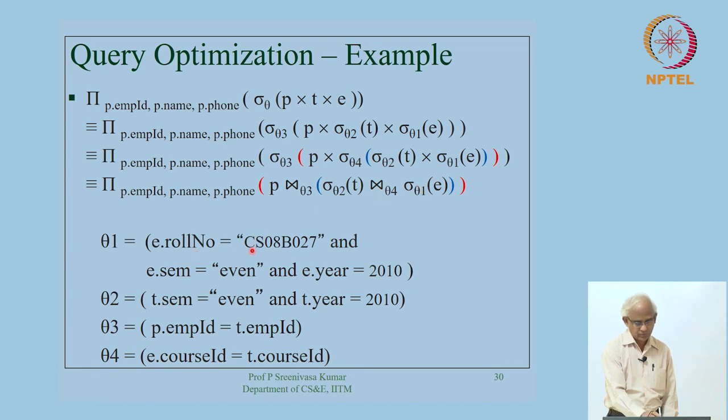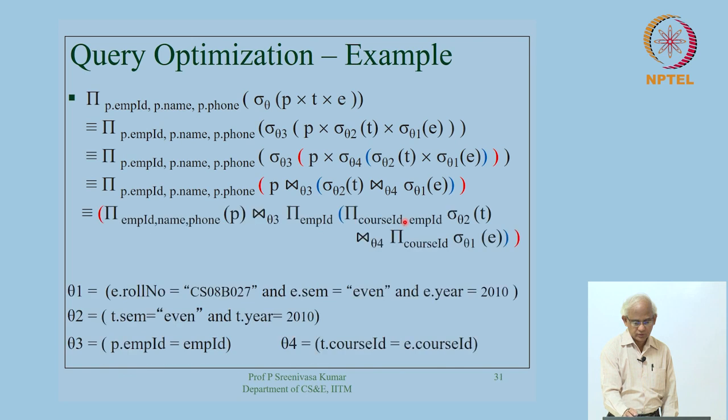Theta 1 has conditions on enrollment and semester year. So after you apply this selection condition, what should we project here? Because the only thing that is being used here is course ID, right? So that's what needs to be projected after doing this selection. So we will work that out.